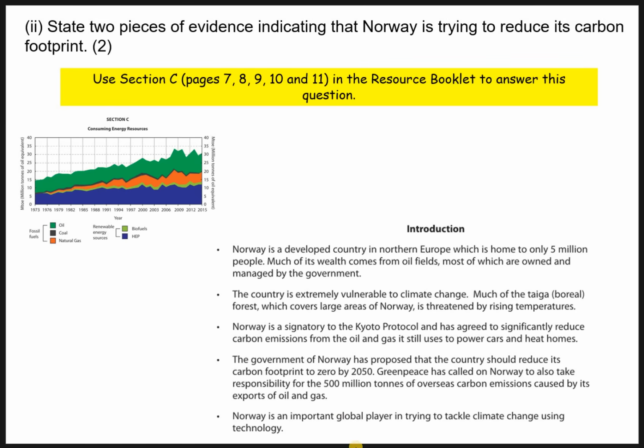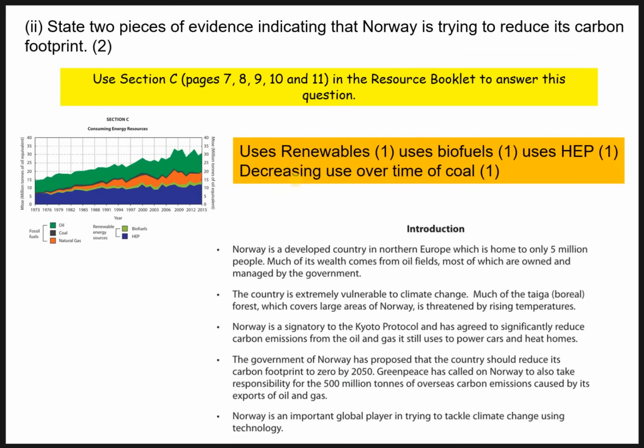Next question. State 2 pieces of evidence indicating that Norway is trying to reduce its footprint. So it clearly says to you in here, use these sections in the booklet to answer this question. So this is the first page that we had a look at, and we also had a look at that graph we've just done a second ago. So we could use a variety of things here.